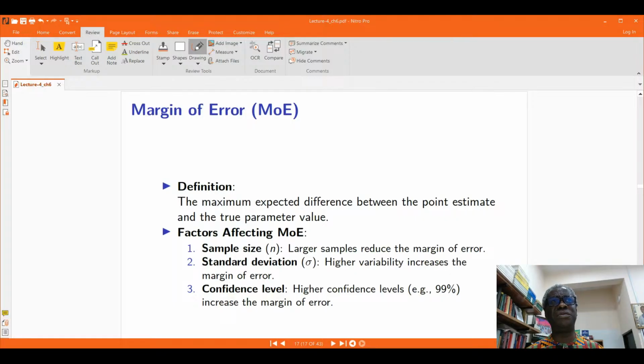If you are okay with 95, you choose 95. If you are okay with 99, you choose 99. The point here is that the researcher chooses the confidence level.